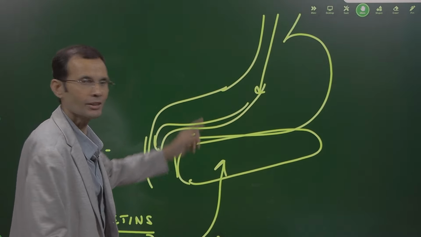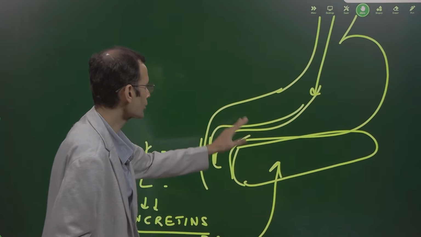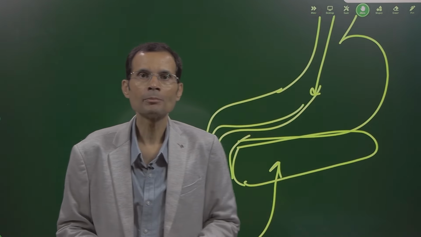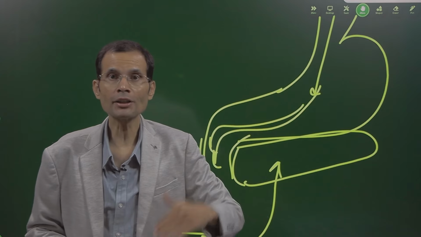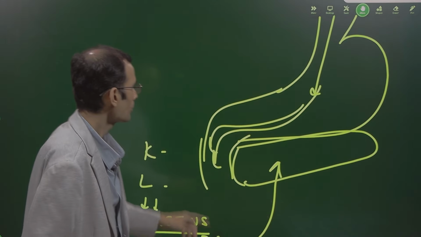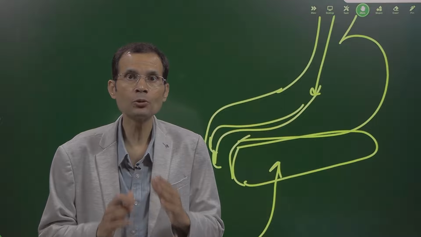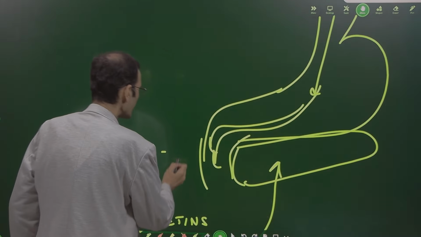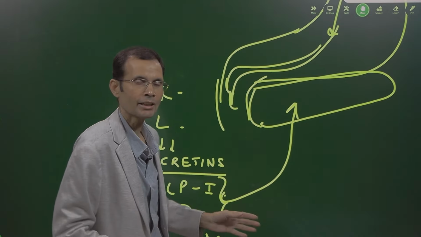So it happens here. When we eat meals and the nutrients reach the small intestine, now the blood glucose is going to rise. It has not increased right now, but these nutrients are sensed, particularly carbohydrates, glucose, by the K cells and L cells in the intestinal lining.